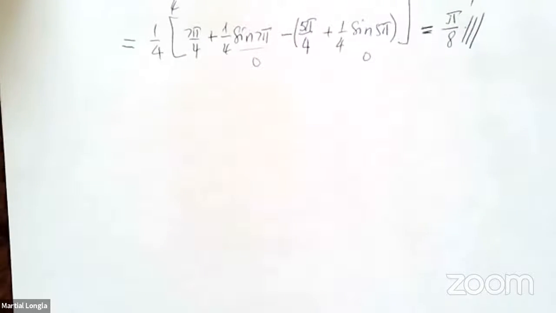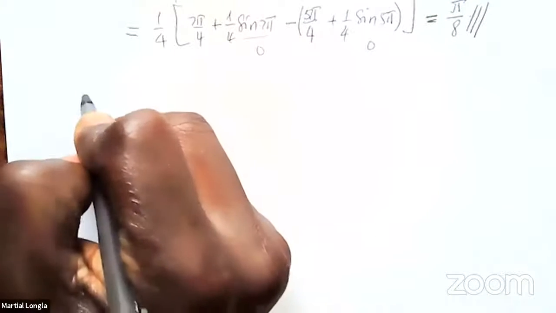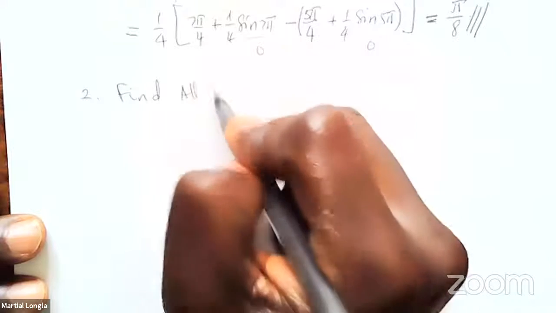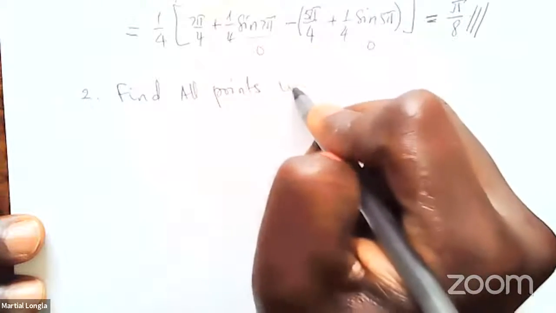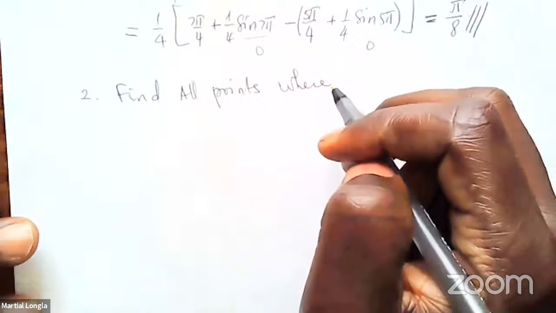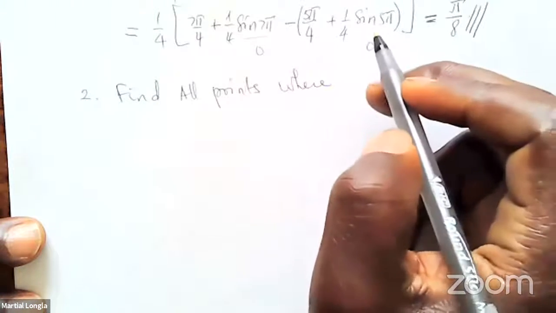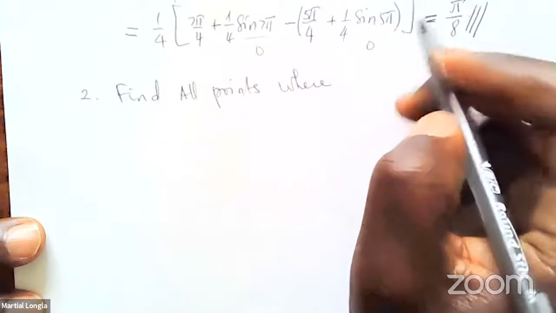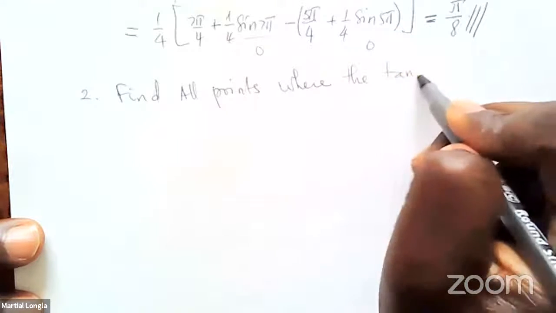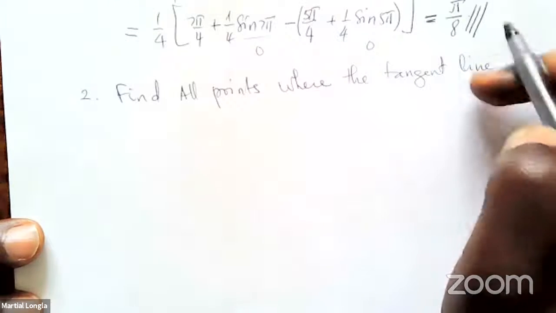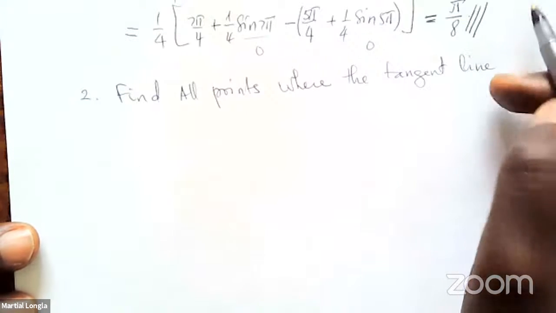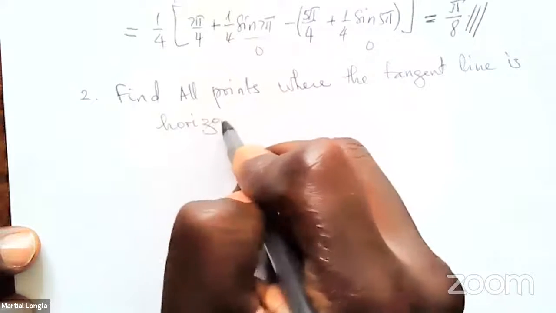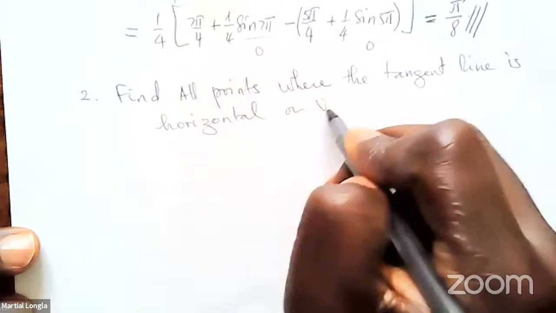Okay, a second question for the same curve would be find all points where the tangent line is horizontal, for example, or vertical.